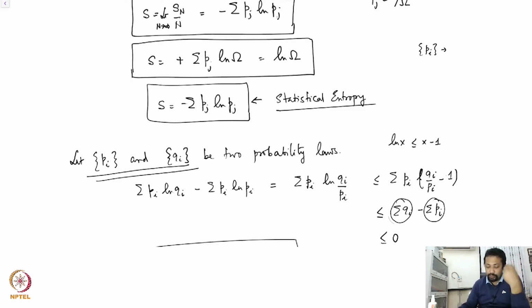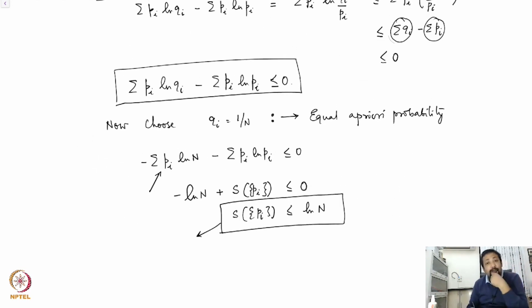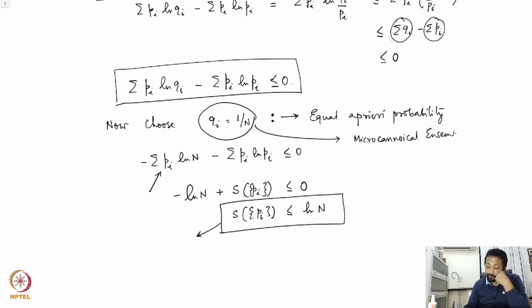So in this case, qi is 1 by n, and that gives you the upper bound of the statistical entropy. As we learn thermodynamics, we will see that this particular choice is what is called a microcanonical ensemble. When we do the microcanonical ensemble, we shall use this expression for the statistical entropy to build on the thermodynamics.